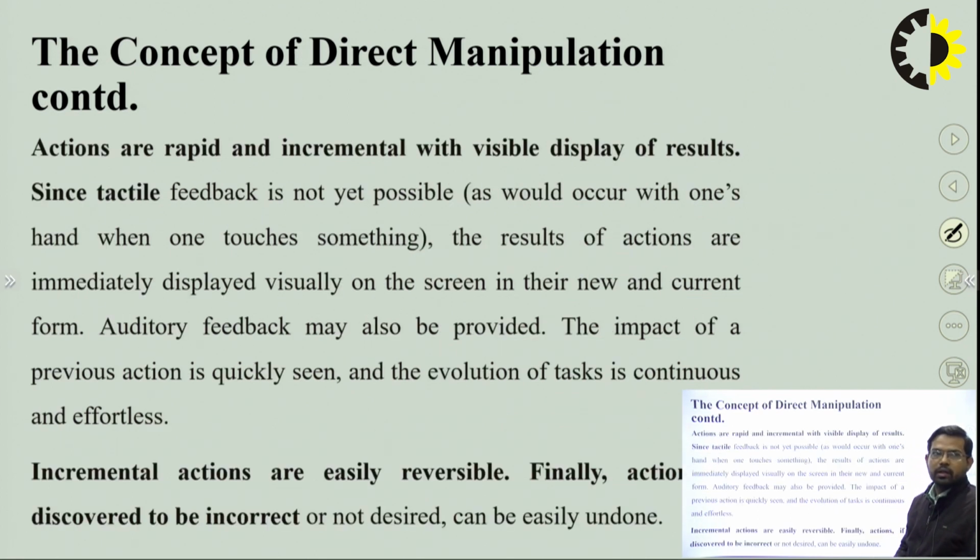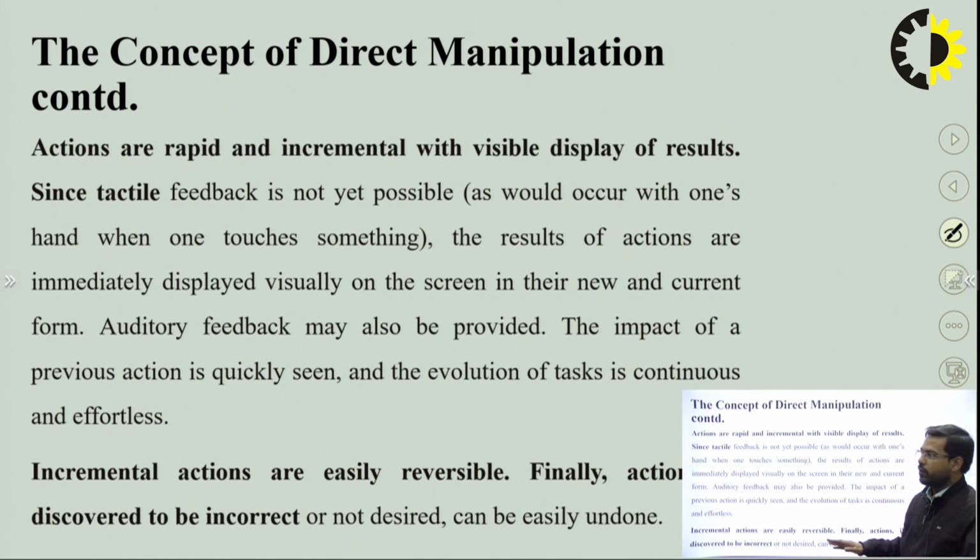Next concept: actions are rapid and incremental with visible display of the result. Just like when we move the cursor from one position to another, that is a visible display of our result.